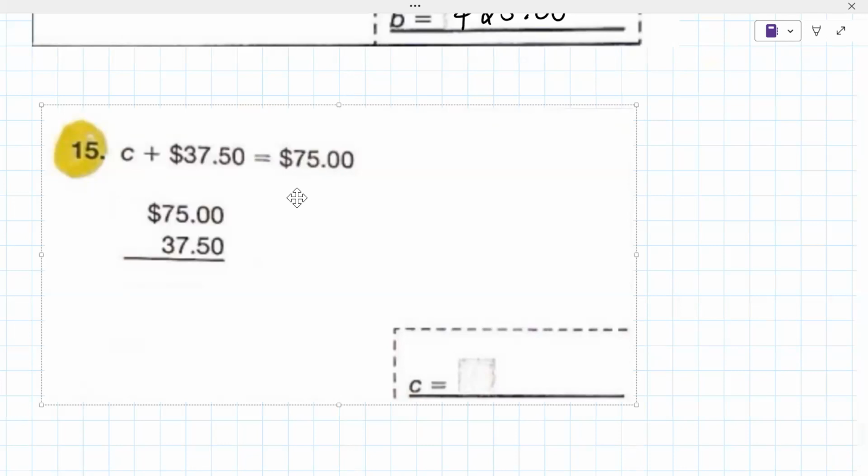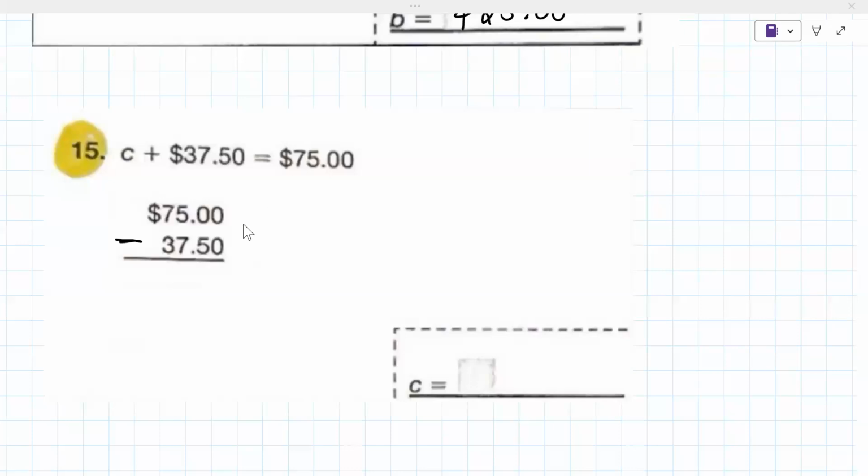I don't know. Is it bigger or smaller? It's smaller. Okay, so smaller means to subtract. So this problem right here, 15, is like number 12. So it's kind of the same.